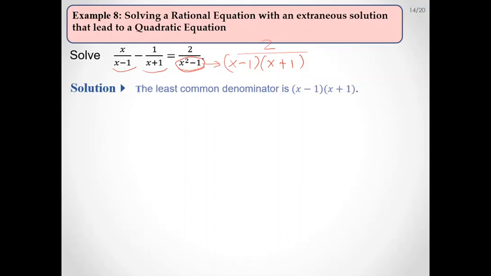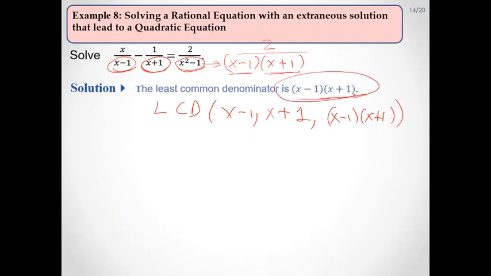The least common denominator of x minus 1, x plus 1, and x minus 1 times x plus 1 is equal to x minus 1 times x plus 1. It's x minus 1 times x plus 1, because we take the highest power of each common factor. So the least common denominator is this one.